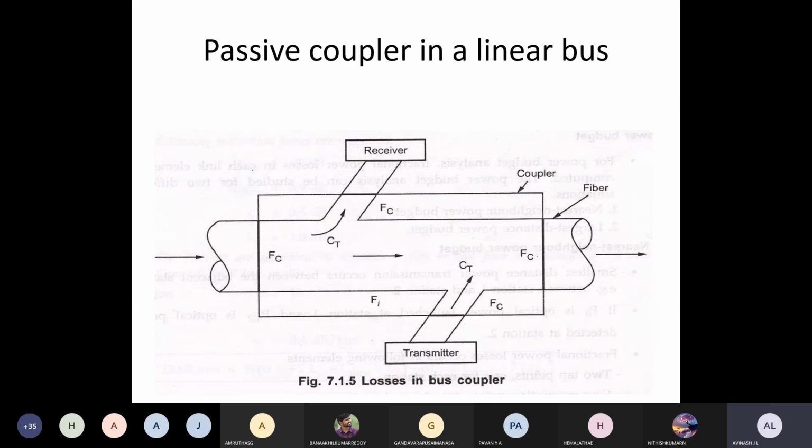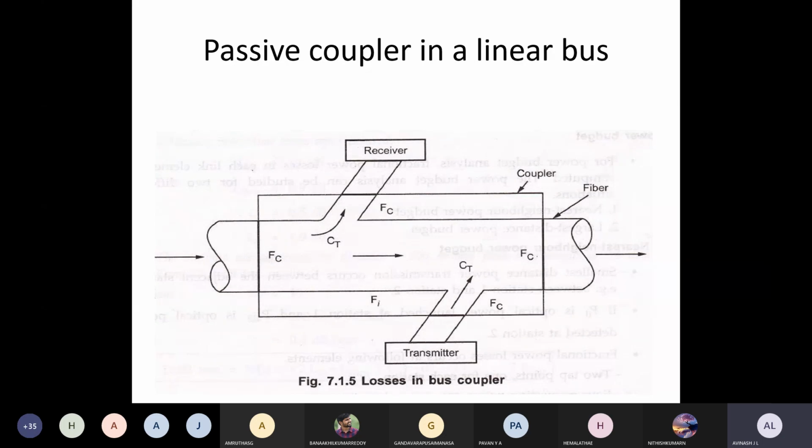That is the coupler. Inside the coupler, we have an optical fiber which is inserted. In the coupler, there are 4 ports. In 2 ports, fibers are inserted, and in the other 2 ports, the transmitter and receiver are inserted. So FC is the fraction of power which is lost at the connecting regions of the coupler.